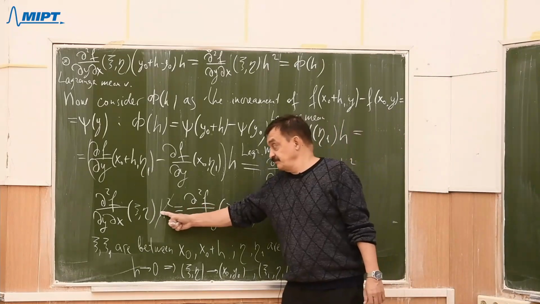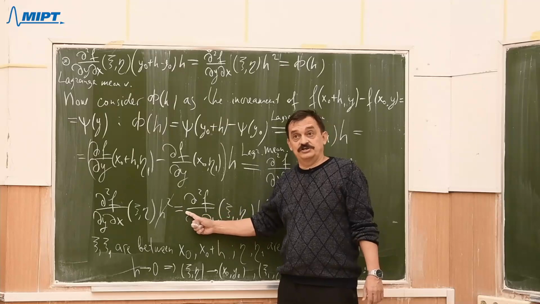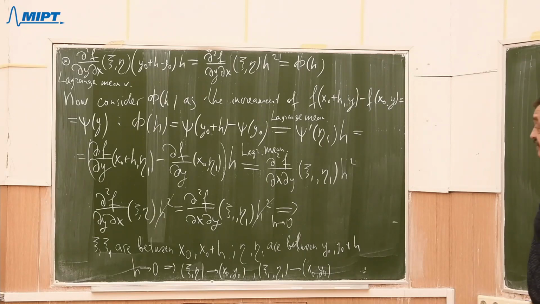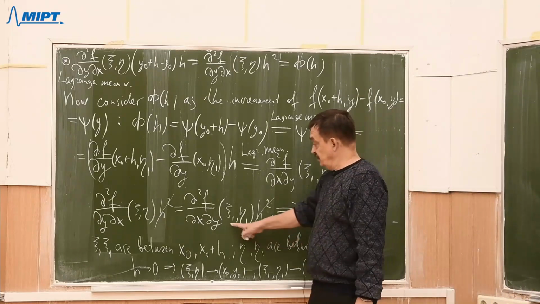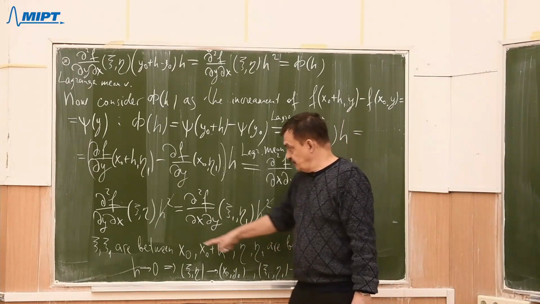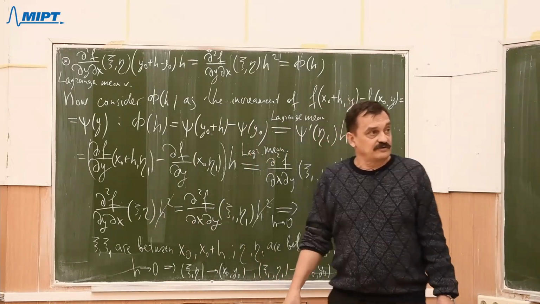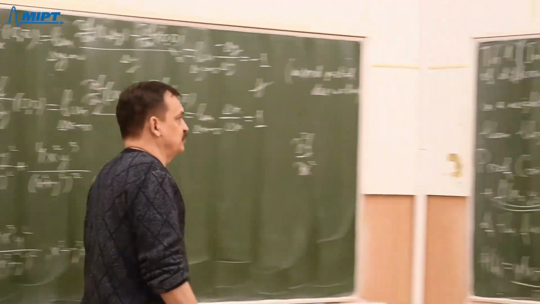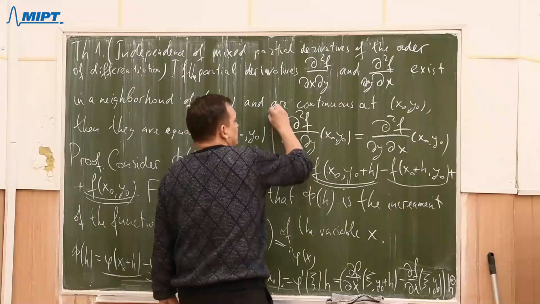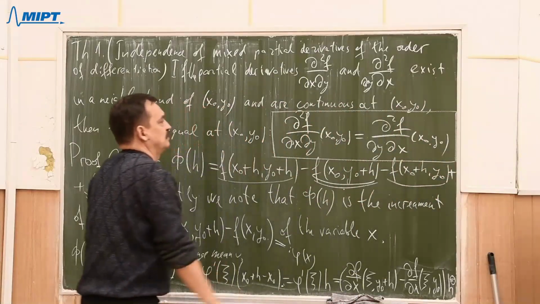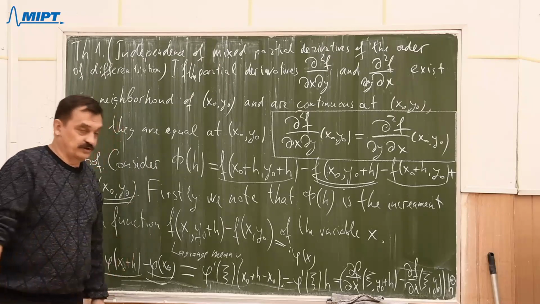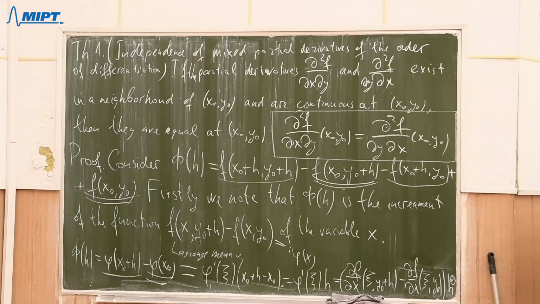I have equality for arbitrary sufficiently small h. I forget about h squared then. And after that, I take the limit as h tends to 0. So the points tend to x naught, y naught, and we have, as a result, the relation which I wanted to prove. The partial derivative is the same in both orders. And that's all. Thanks for your attention.